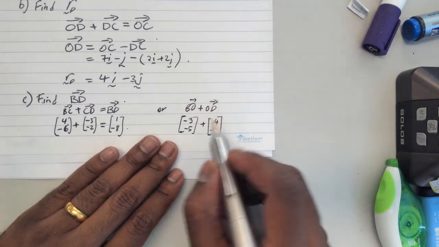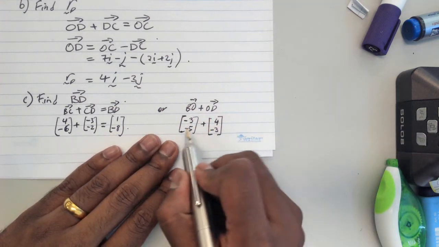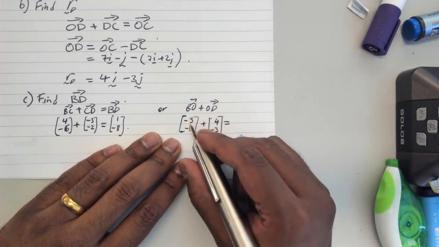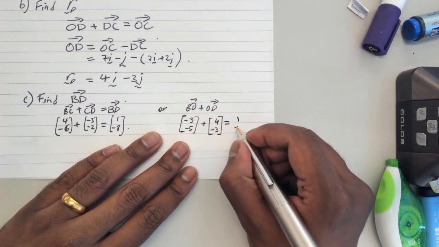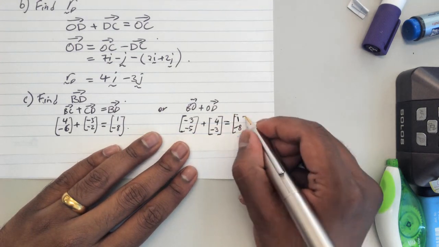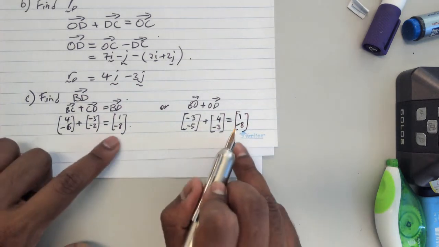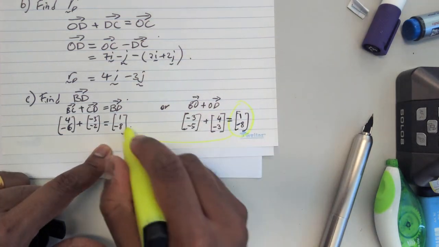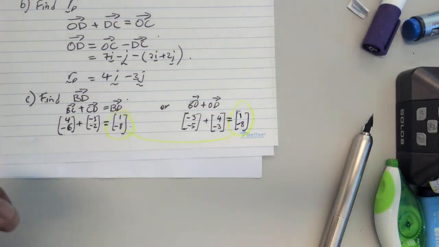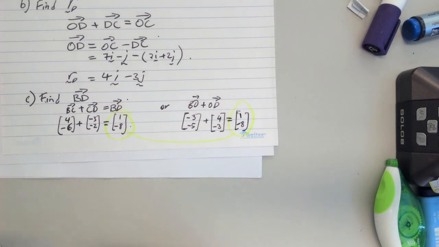I got these two from A and B. Negative 3 take 4 is 1, negative 5 take 3 is negative 8. As you can see, both these answers are the same. Questions?